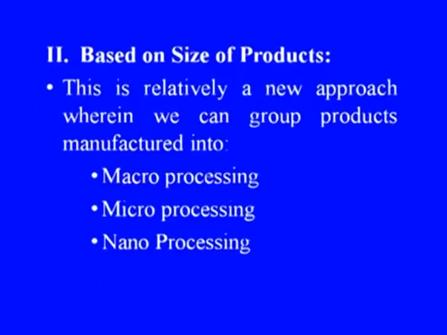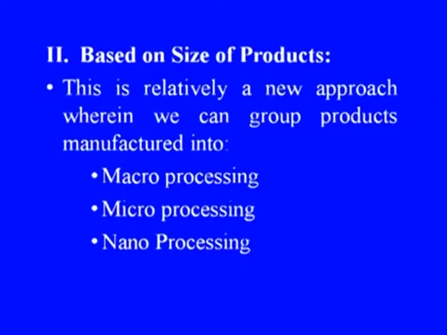Then another classification could be based on the size of products. This is relatively a new approach in which we can group products by their size, which are manufactured in the domain of macro processing, micro processing, or nano processing.